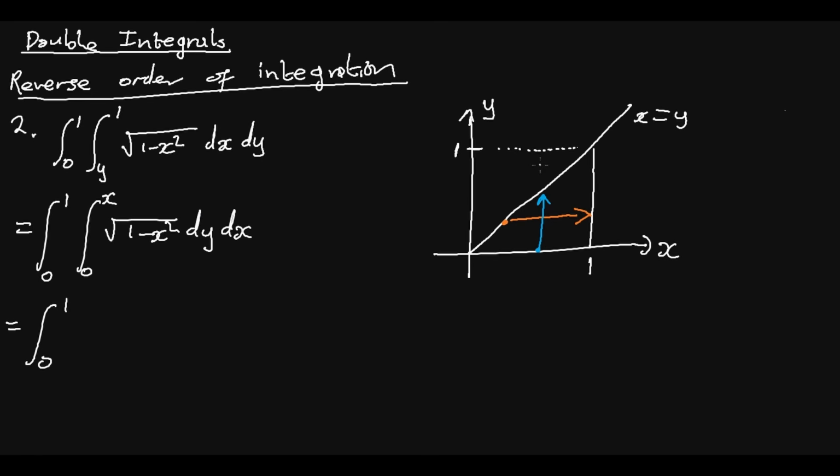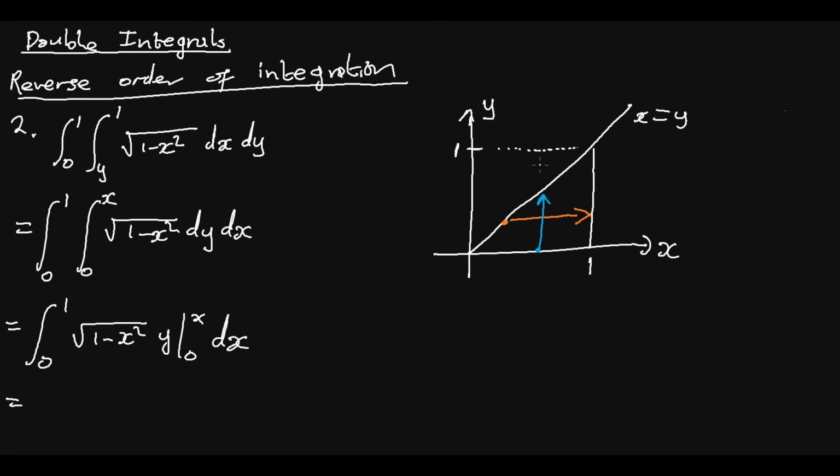So the integration, there's no y here, so therefore it means all of this is a constant. So therefore over square root 1 minus x squared from 0 to x, right?